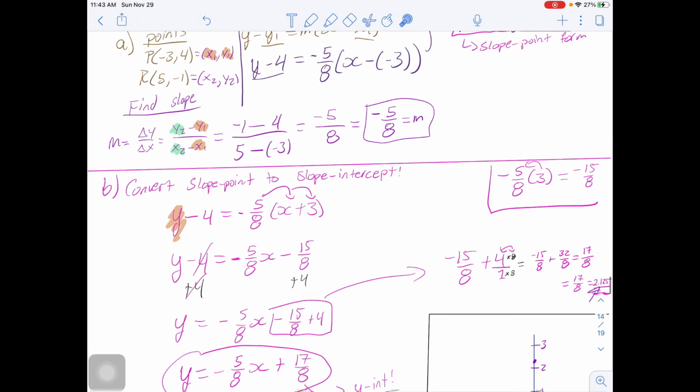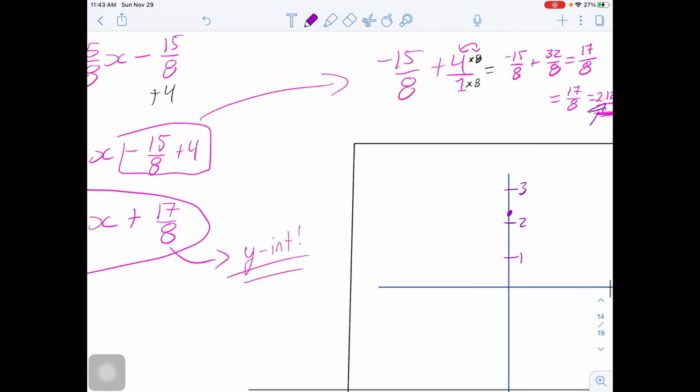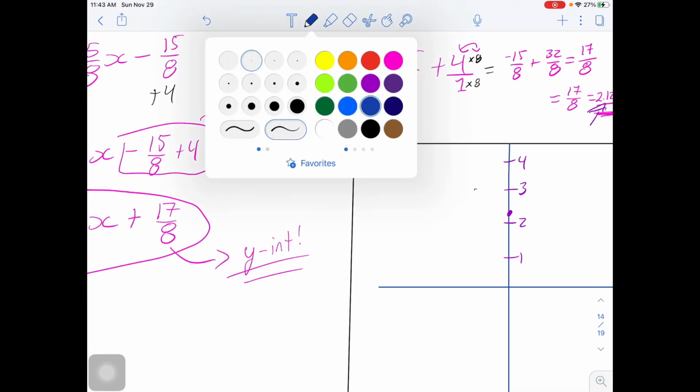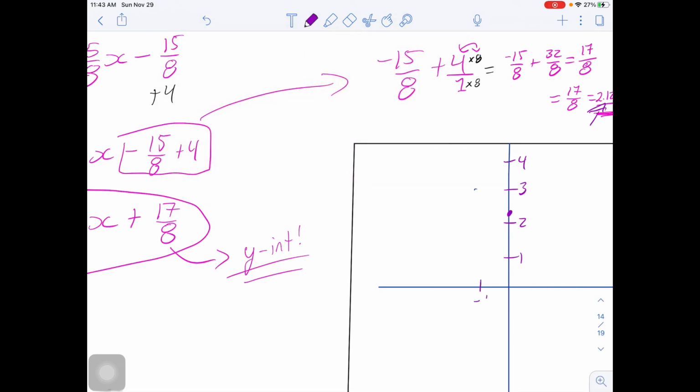So let's plot those points. So negative 3 and 4. So it looks like we'll have to extend this a little bit more. There we go. Okay, and then negative 1, negative 2, negative 3. So negative 3 and 4, that's up here.